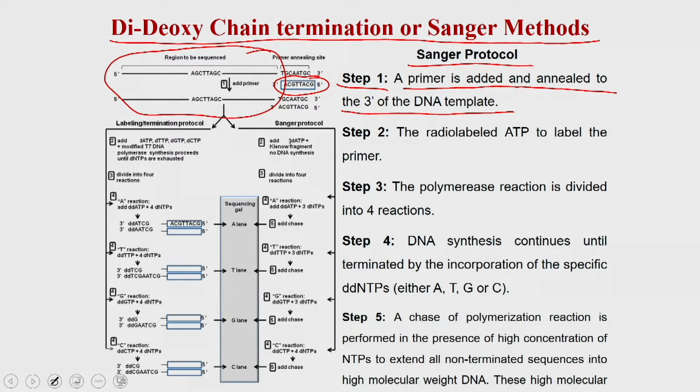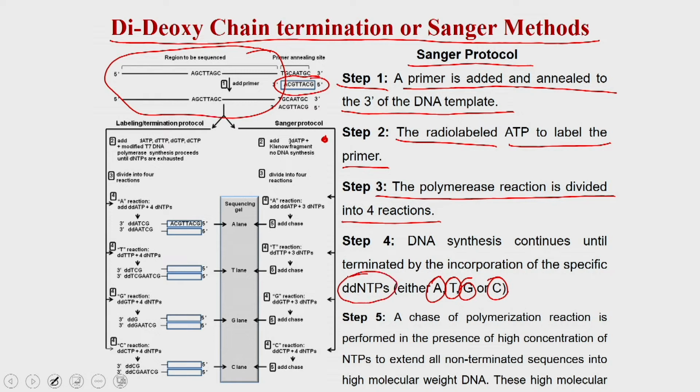Then in the second step, you use radiolabeled ATP to label the primers, which means you are tagging the primer with radioactivity. In step 3, you take this reaction and divide it into 4 aliquots, and in all 4 reactions you add either adenine, thymine, guanine or cytosine dideoxynucleotides.